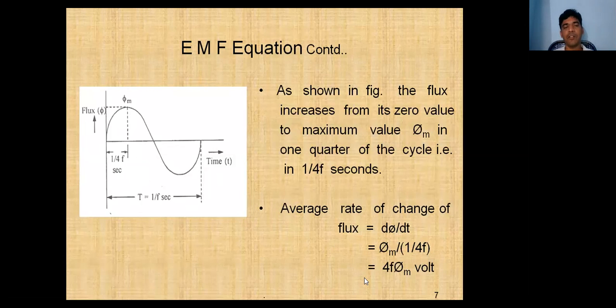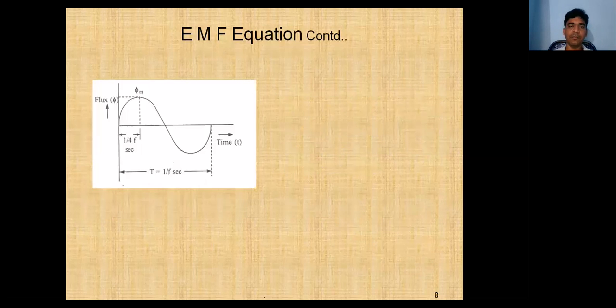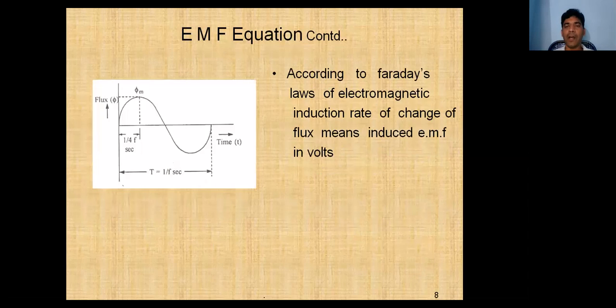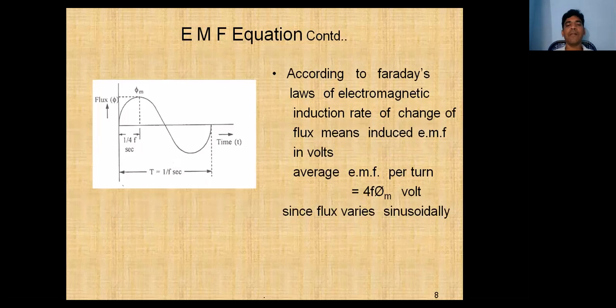Rate of change of flux is 4 into f into phi max. According to Faraday's law of electromagnetic induction, rate of change of flux means EMF induced in volts. Therefore, average EMF per turn is 4 F phi m.